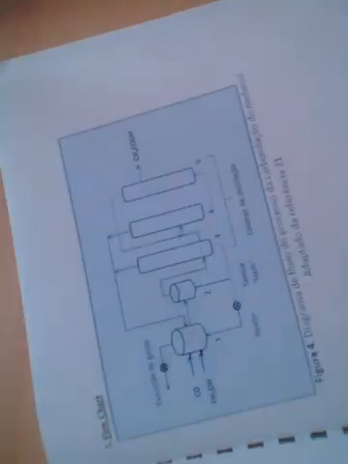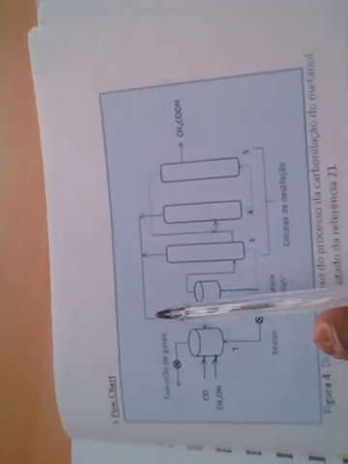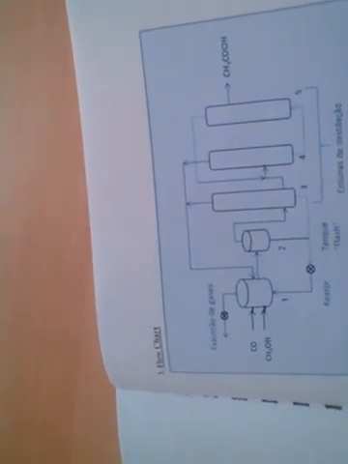The other advantage is reduced formation of byproducts and a higher yield in relation to carbon monoxide consumption. So going to the illustrative diagram, we have here the process in relation to the dynamic process.